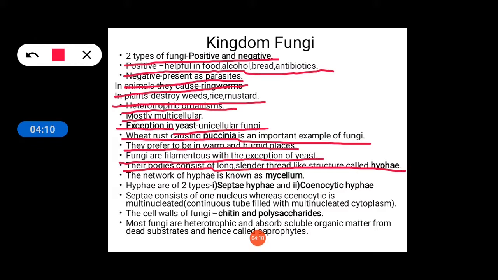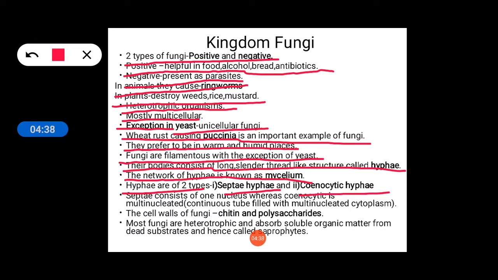The network of hyphae is known as mycelium. So when the single long thread-like structures called hyphae are collected together, when there is an accumulation of hyphae, it is known as mycelium. Hyphae are of two types, septate hyphae and coenocytic hyphae.